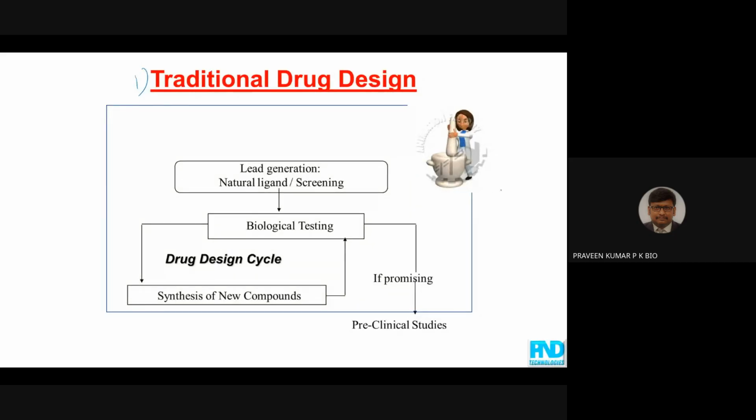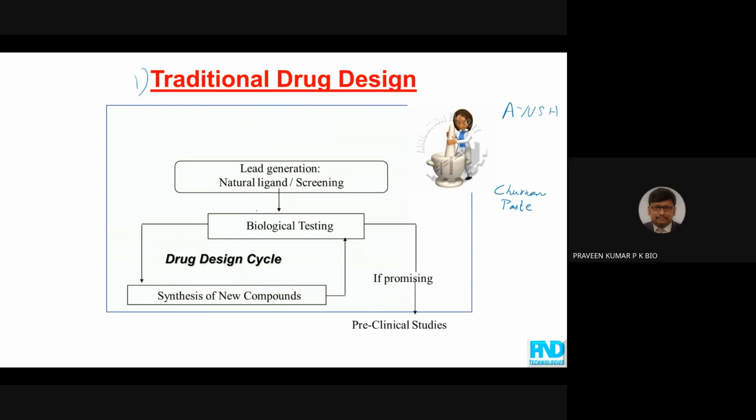We prepare it in the form of a churnam, or we prepare it in the form of a paste. Nowadays, even we have Ayush: Ayurveda, Yoga, Unani, Siddha, Homeopathy. All these also majorly use plants as the source for drugs, isn't it, for treatment of various diseases.